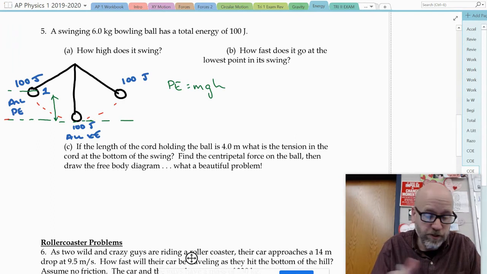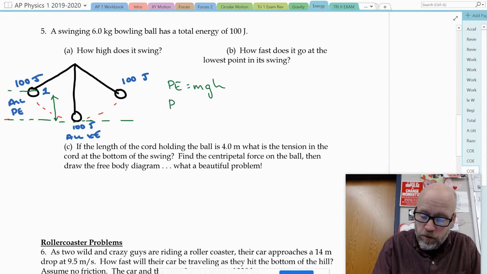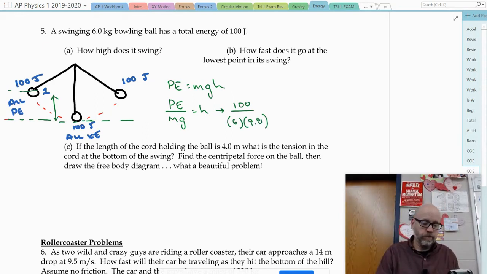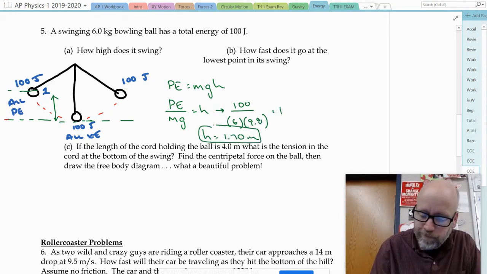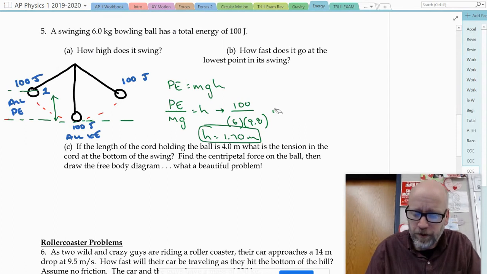Now the potential energy at position 1, it's all potential. So if I can do potential energy divided by mg equals h, let's plug those numbers in. I'm going to get 100. Good with that? I think you are.